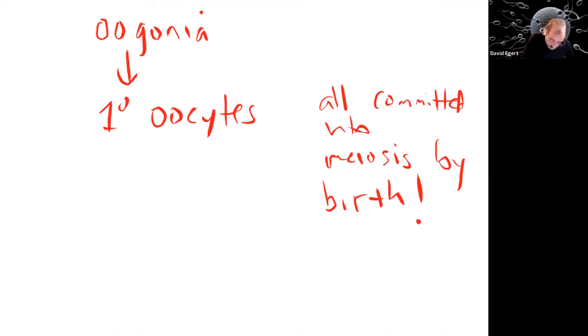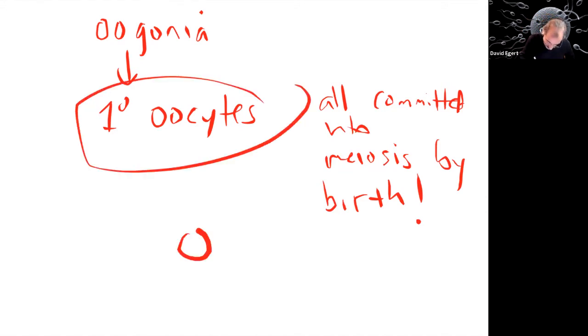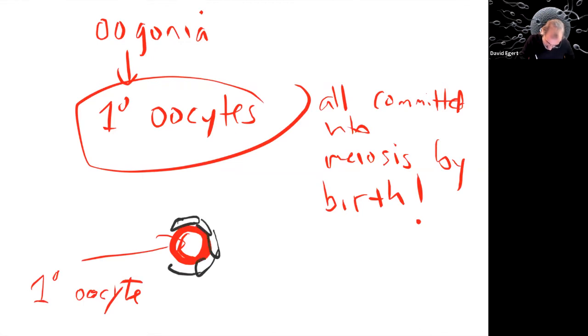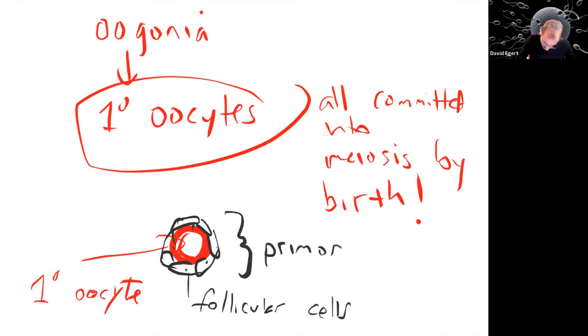So basically these primary oocytes, and then it's got these little cells around it we call follicular cells. This whole thing is called a primordial follicle.